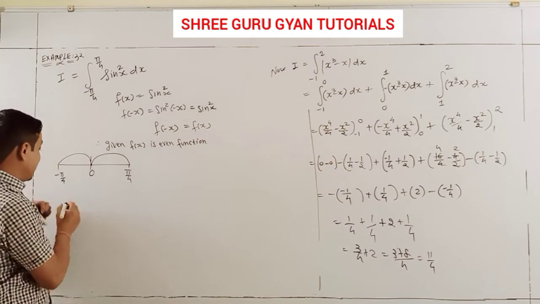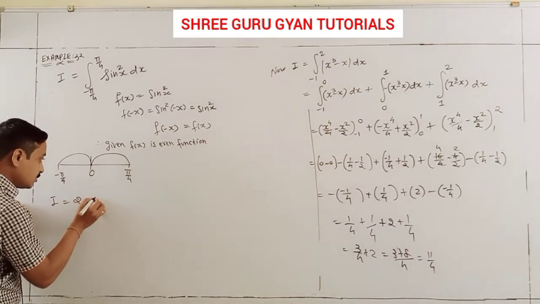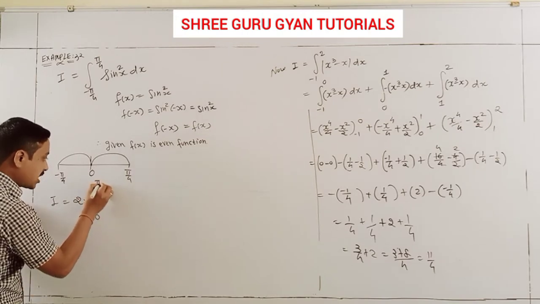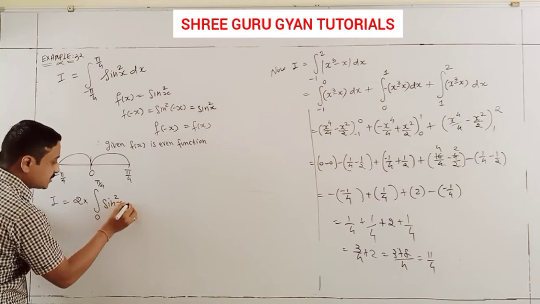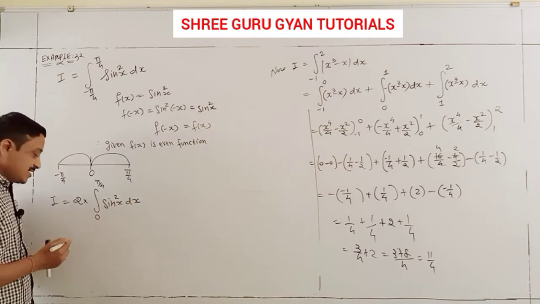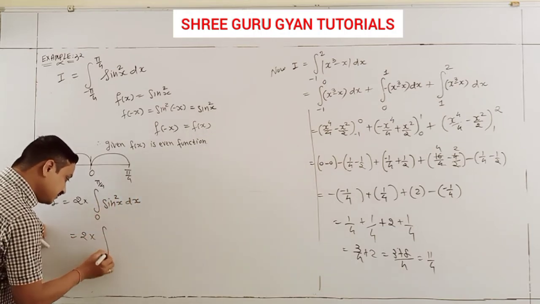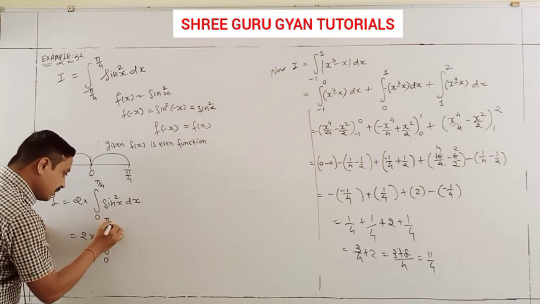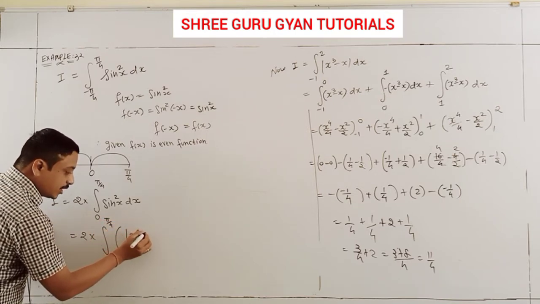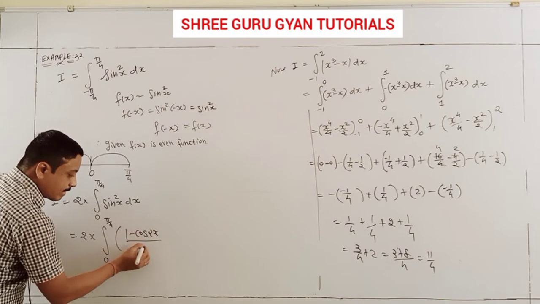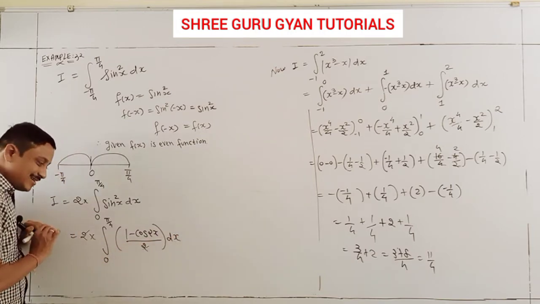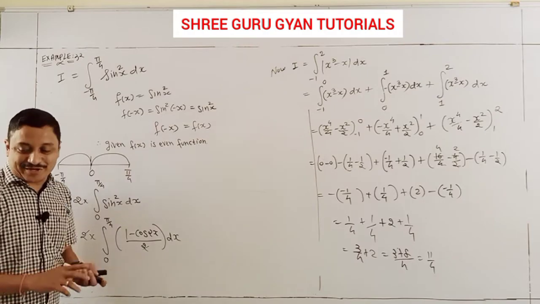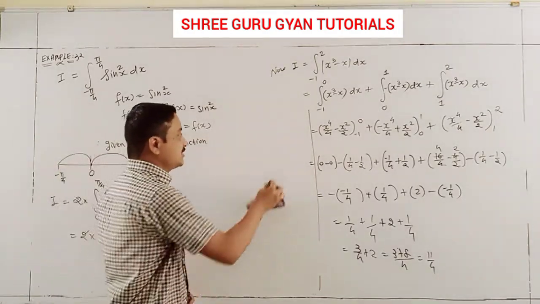Two times, I just write down that 0 to pi by 4 and another sin square x dx same as. Now I go to the answers. So 0 to pi by 4, 1 minus cos 2x by 2 to cancel, and here you can try your integrations, and after that, students, limit putting.